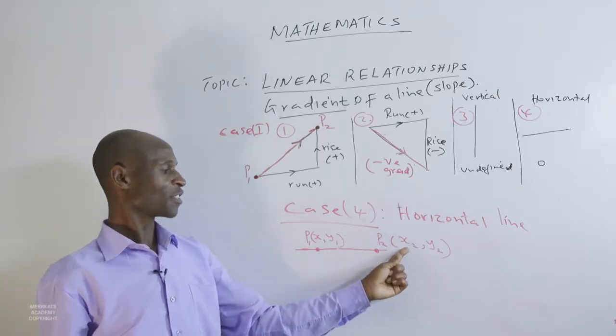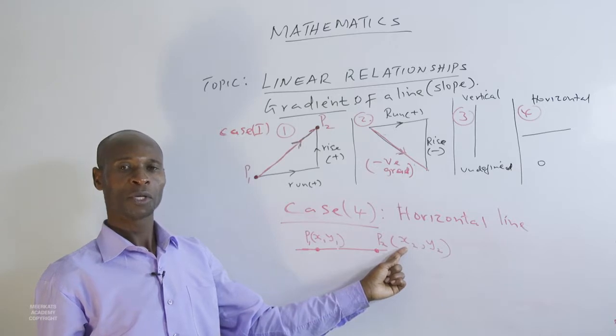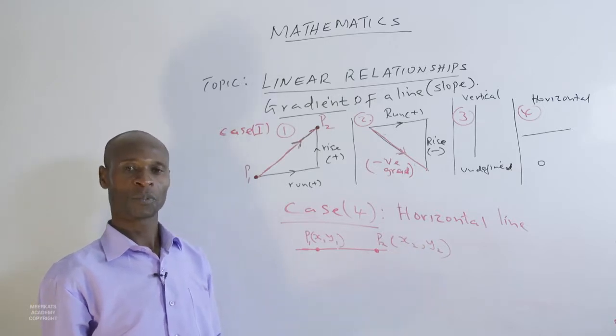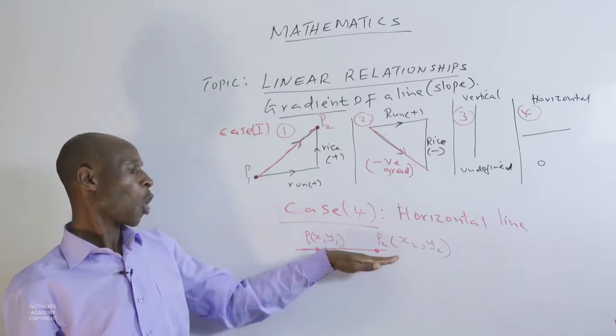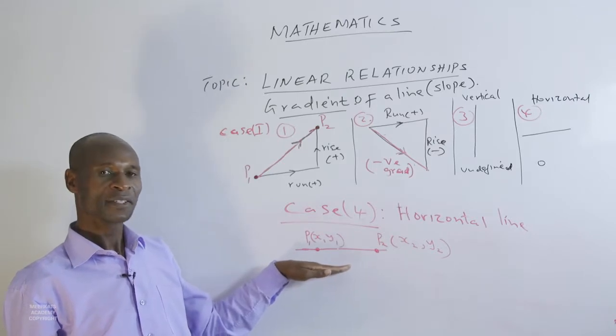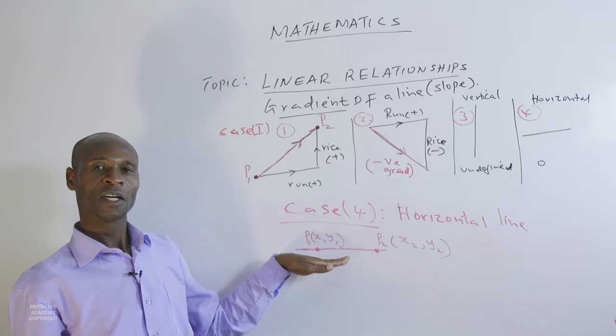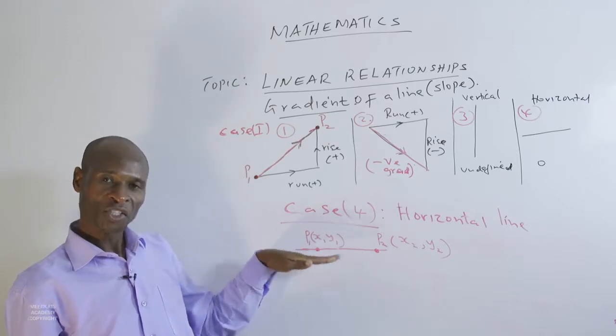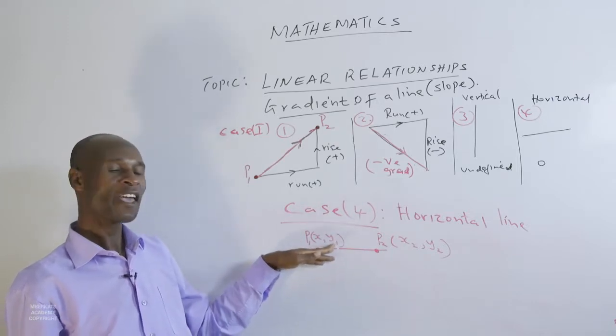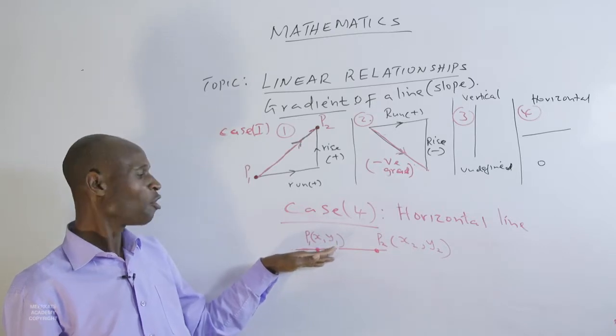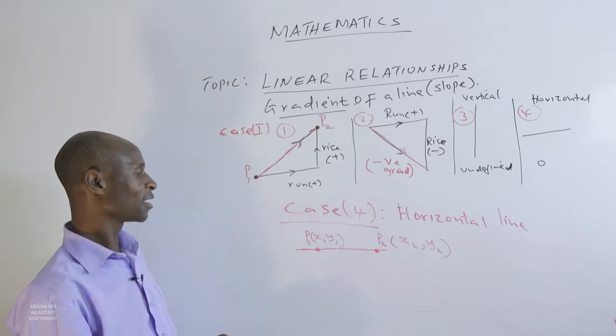The coordinate for the second point, P2, is x2, y2. But because the line is horizontal, it means the y value is constant. It is not changing.